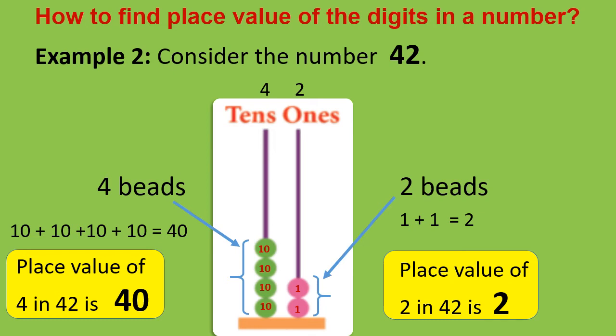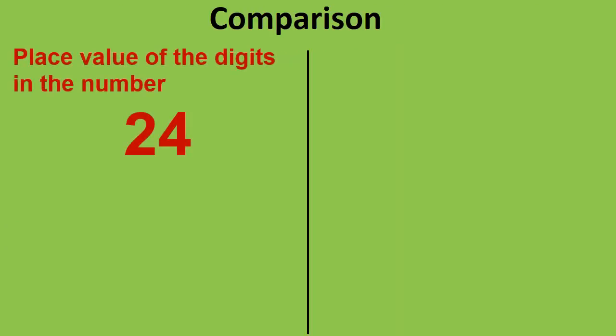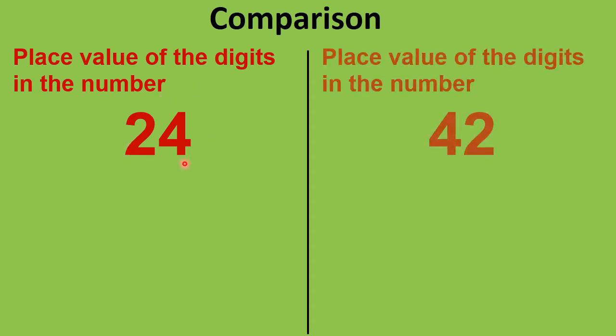Now let us compare these two examples. Place value of digits in the number 24 and place value of the digits in the number 42. So these are the examples we considered now. Now let us have a comparison between these two.